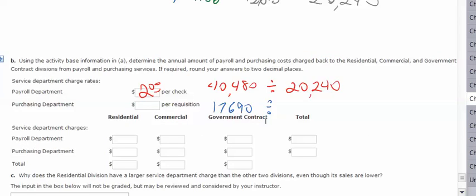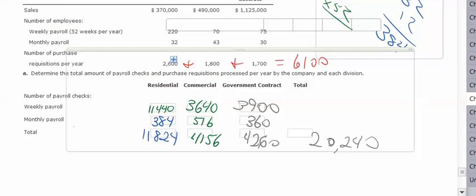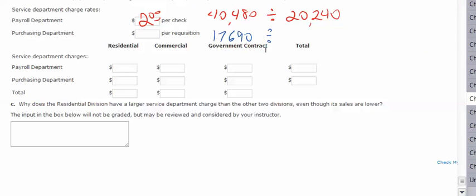We'll divide that by the 6,100. That looks like $2.90 per requisition.